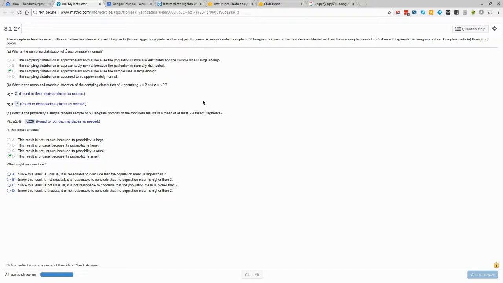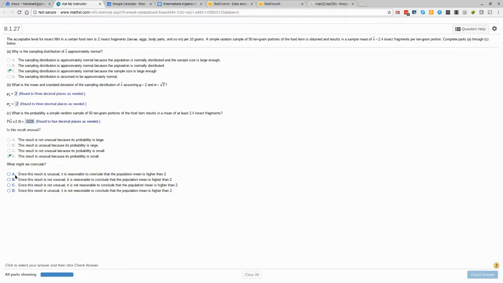In the last part, it says what might we conclude about this? Well, if you pull samples that are so improbable or have very low probabilities, then you start to doubt whether the original mean is really what you thought it was going to be before. So we were told that the mean was 2, but pulling this sample and finding its mean has us doubting that. So we either pulled an incredibly rare sample or the mean is wrong.